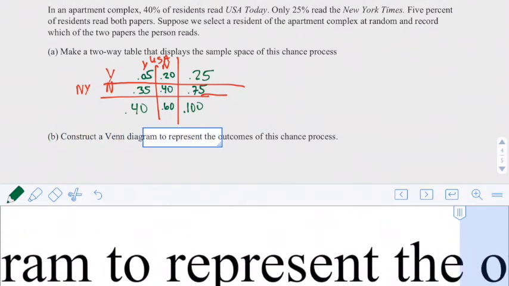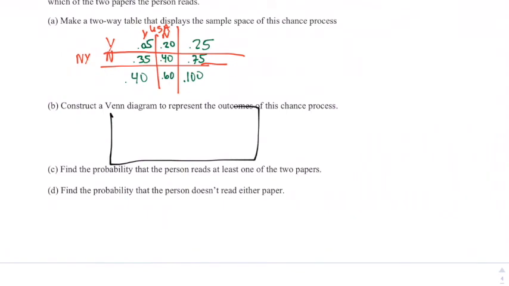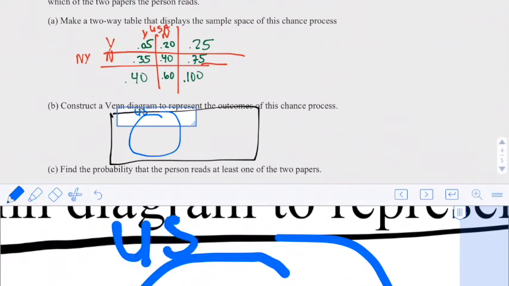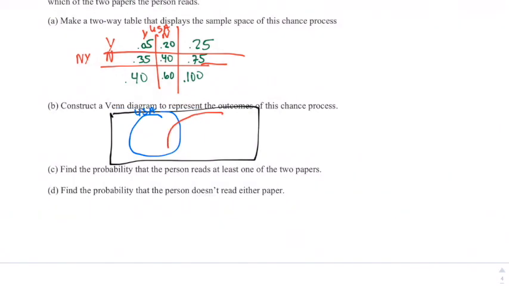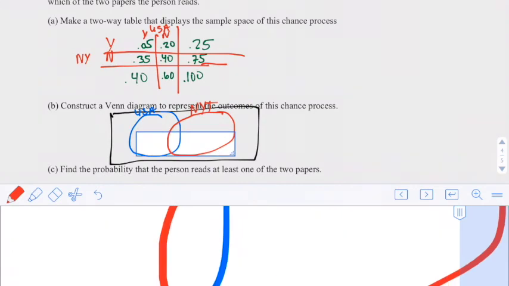Construct a Venn diagram to represent the outcomes of this chance process. So blue is going to be USA, and red's going to be New York Times. So the amount that reads both is 0.05.